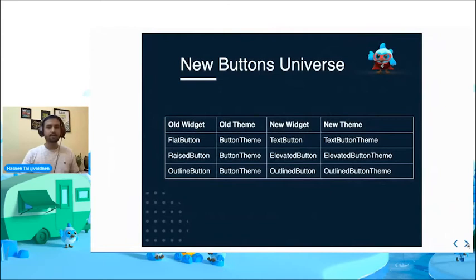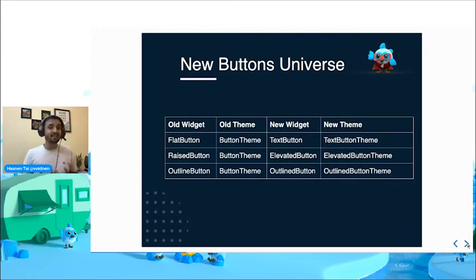Being a beginner in Flutter, you need to know this. When we have any deprecated widget, we always get warnings from our editors, from Android Studio or Visual Studio, saying that your widget is deprecated, and it gives a suggestion that we should not use this, and instead we should use that.